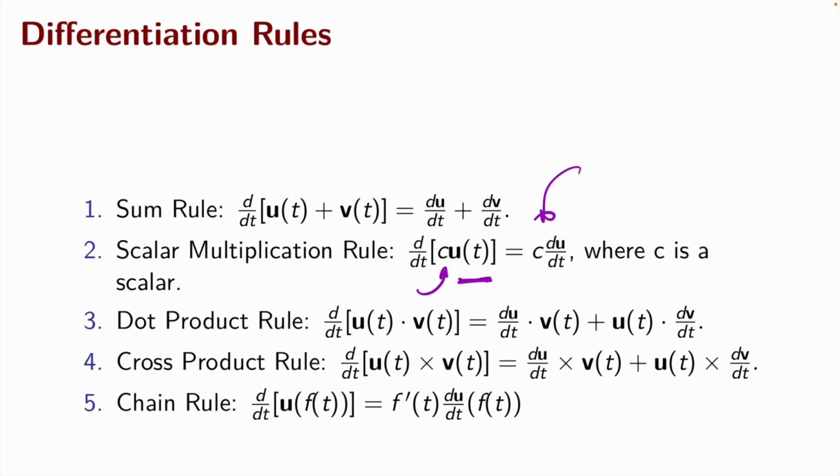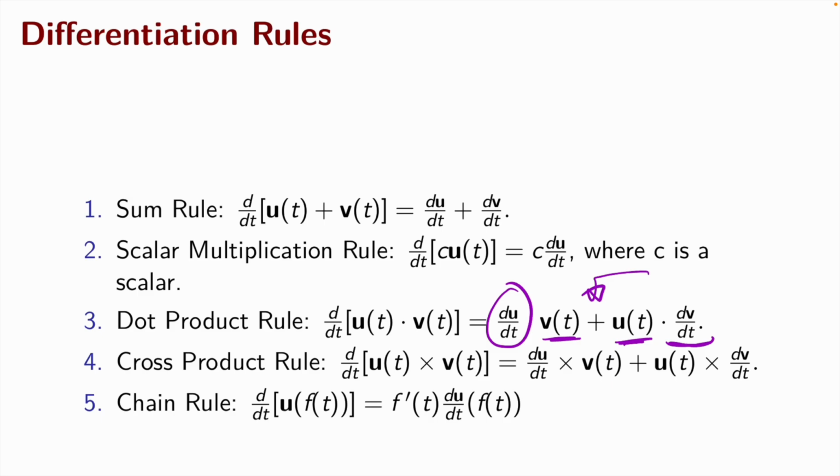If we have a dot product, we can calculate, as I said before, first the dot product and then the derivative. Or we can apply the formula: calculate the derivative of the first one and do the dot product with the second one, then do the first one dot product with the derivative of the second, and when we have these two terms, we add them. The same goes for the cross product rule and the chain rule.